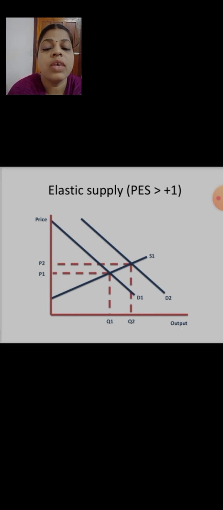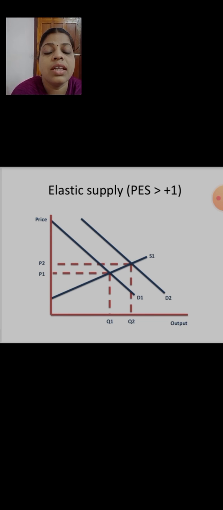Here we can see P1 and P2 are the various price levels of the commodities, and Q1 and Q2 are the various levels of quantities supplied in the market.